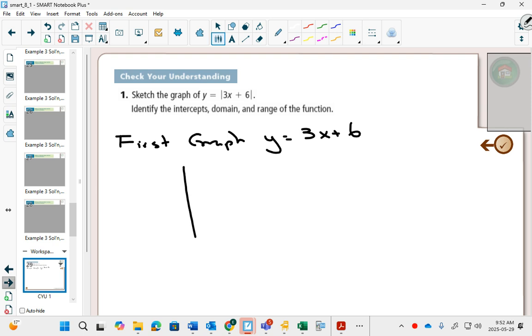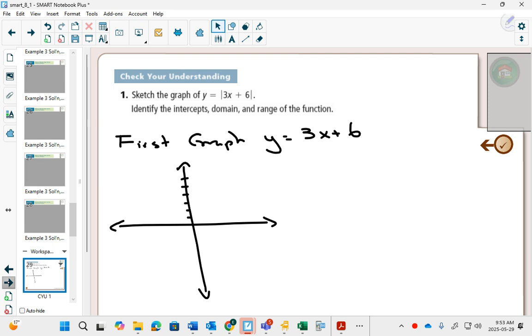We know how to draw y equals mx plus b. 1, 2, 3, 4, 5, 6. So we would know that we have a y-intercept at 0, 6. And it has a slope of 3, so I could go up 3 over 1, or down 3, back 1, down 3, back 1.